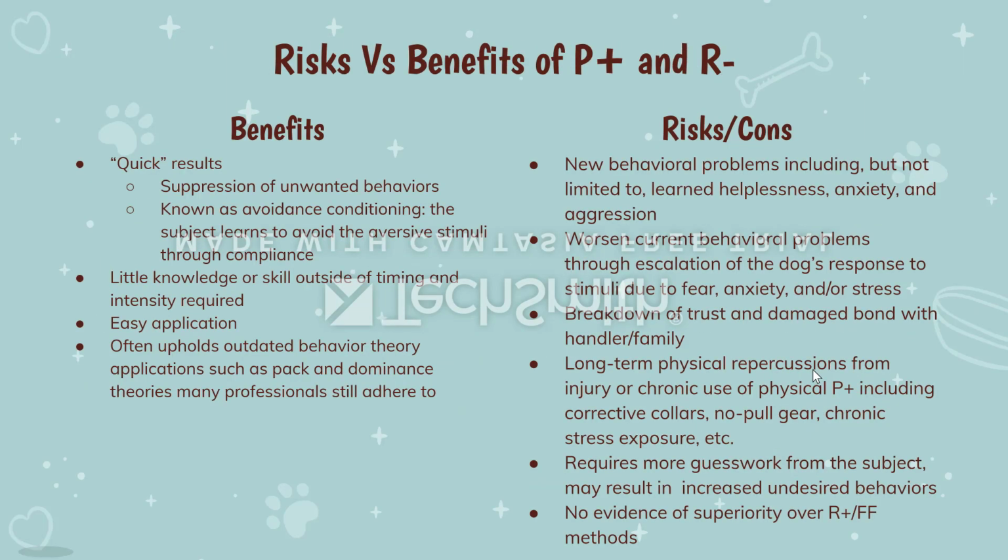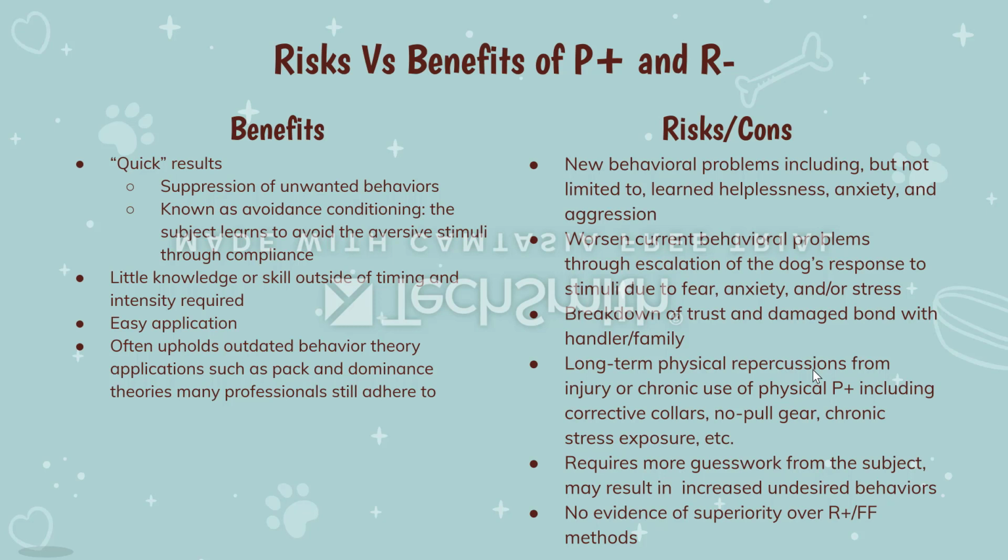Okay. So, now our benefits of positive punishment and negative reinforcement versus our cons. So the benefits are quote-unquote quick results. So positive punishment and negative reinforcement suppress unwanted behaviors. They don't modify behavior, they suppress it.